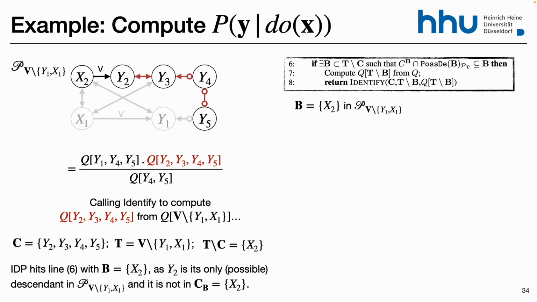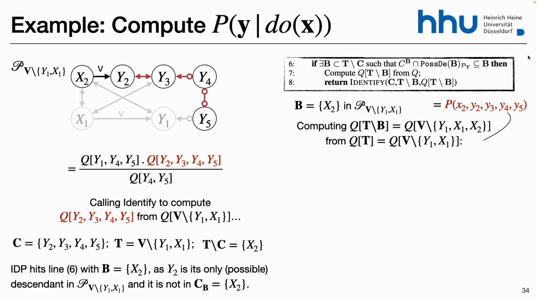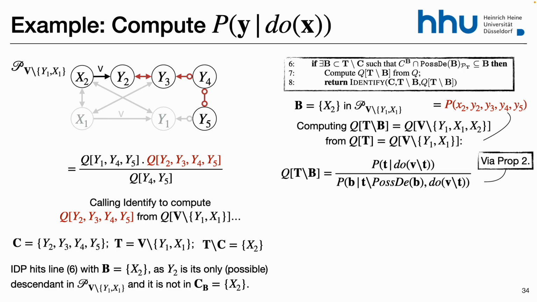So B is X2. We have from the previous slide that this is Q of V minus Y1 and X1, so that's our new distribution available. And applying the proposition, we have the joint in the numerator, and in the denominator we just need to condition on the possible descendants, in every variable except the possible descendants.